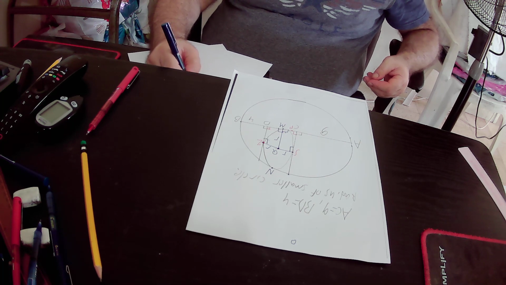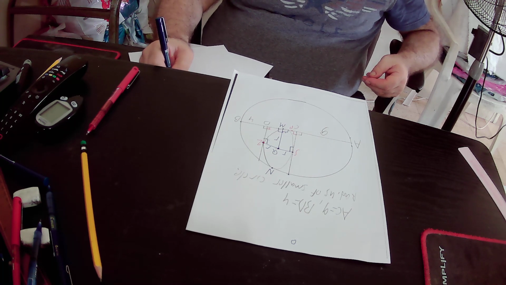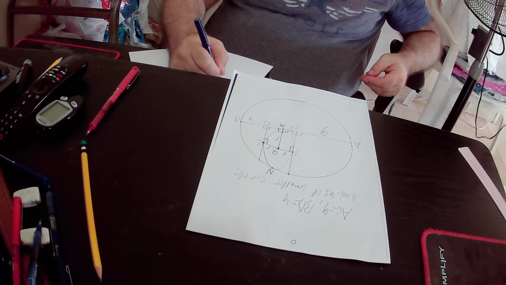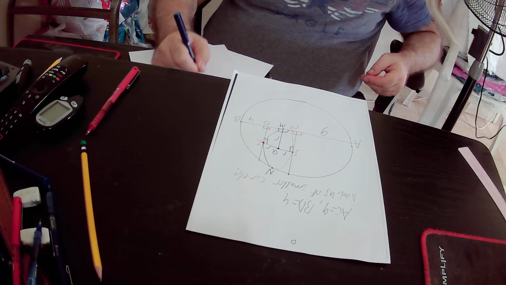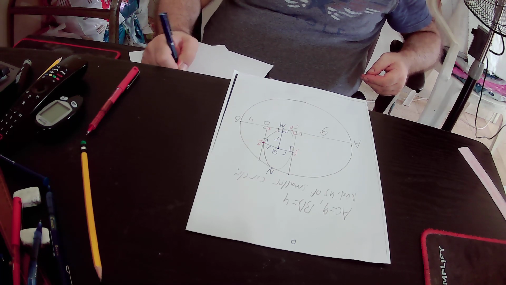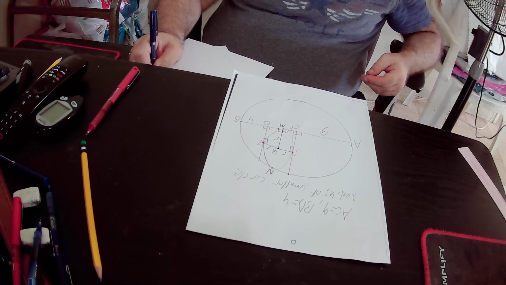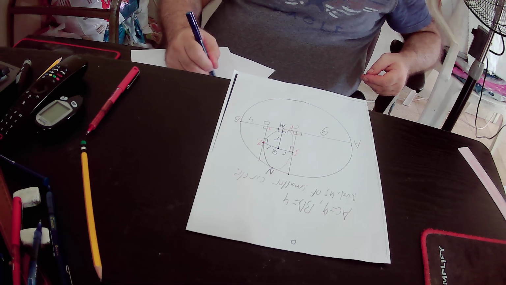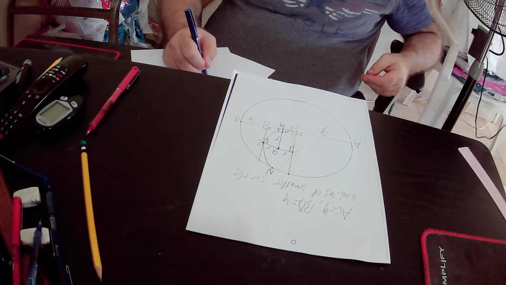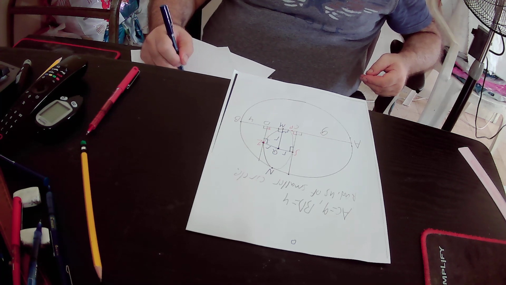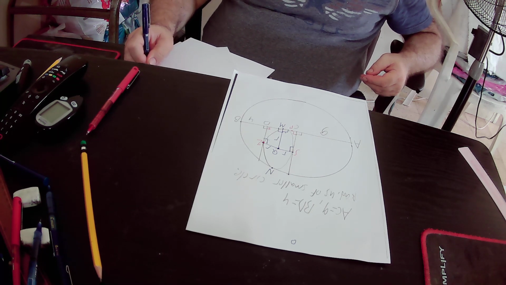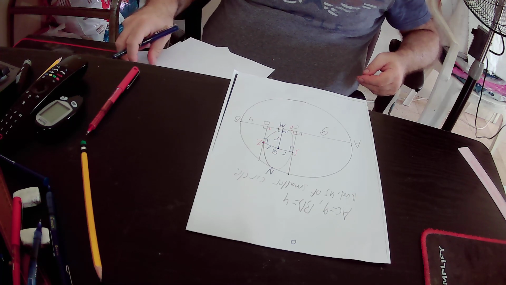So the sum of those 3 right angles equals 90 times 3, that is 270 degrees.